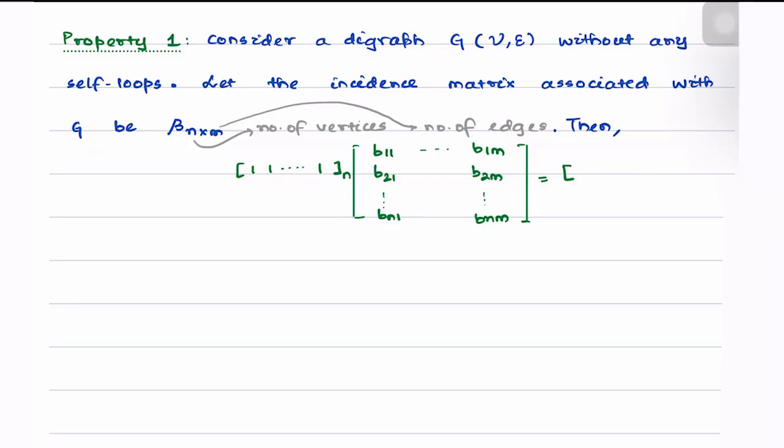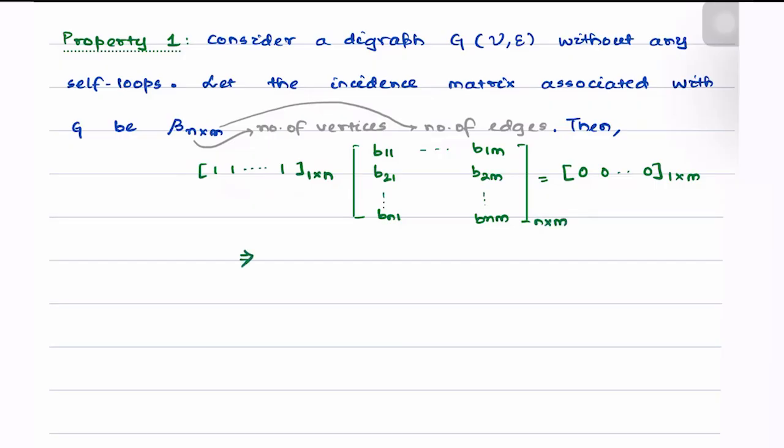It will be the same as the number of columns, obviously. Hence, the number of zeros will be m. This is a row vector, which will have a dimension of 1 cross n. And this row vector here will have a dimension of 1 cross m. And this, as we already know, has a dimension of n cross m.